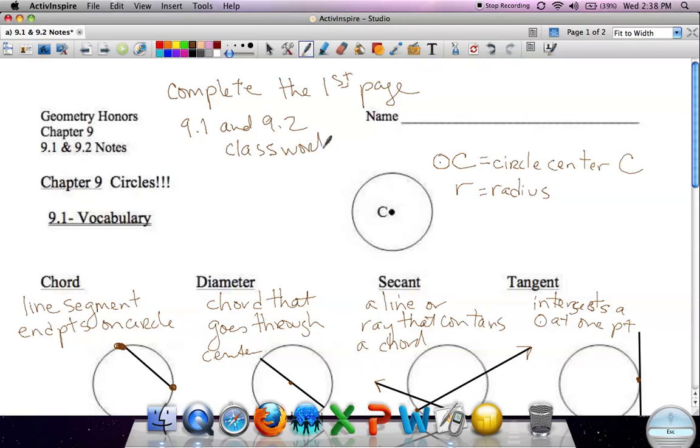So I just want you to do the front side. So I want you to just complete the first page, which is actually the next page in your packet, which is 9.1 and 9.2 classwork. Again, only the first page. And I'll see you next class.